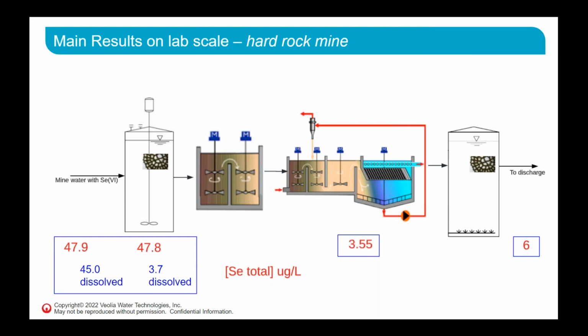This is mainly because the MBBR can be fed continuously, so there's always water going through the biological system. But when we need to get some metal removal using the active flow technology, this is not something that can be done continuously at lab scale. We need to do batch testing.